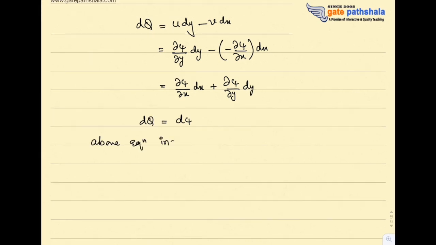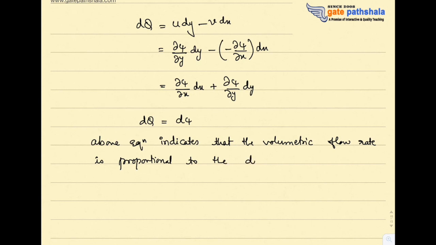The above equation indicates that the volumetric flow rate is proportional to the difference between stream functions between two different streamlines.